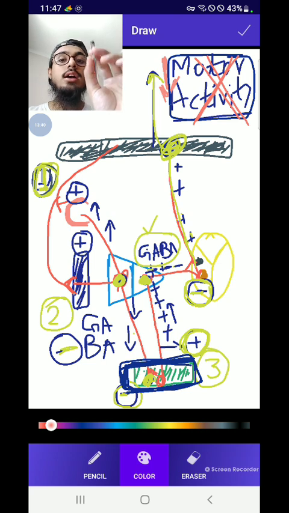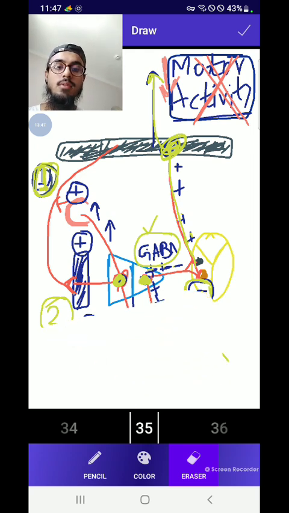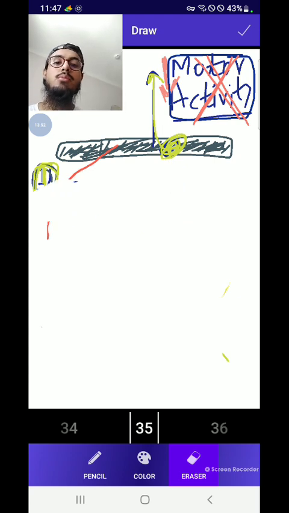So what are the disease names related to these conditions? So I erase a little bit. Okay, what are the disease processes which are the most important?